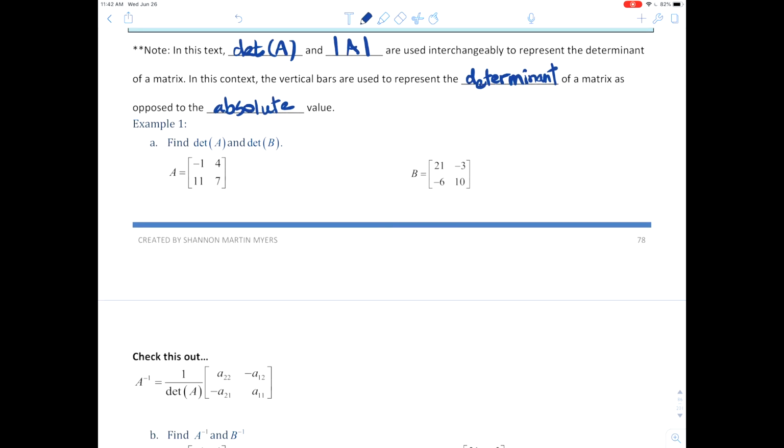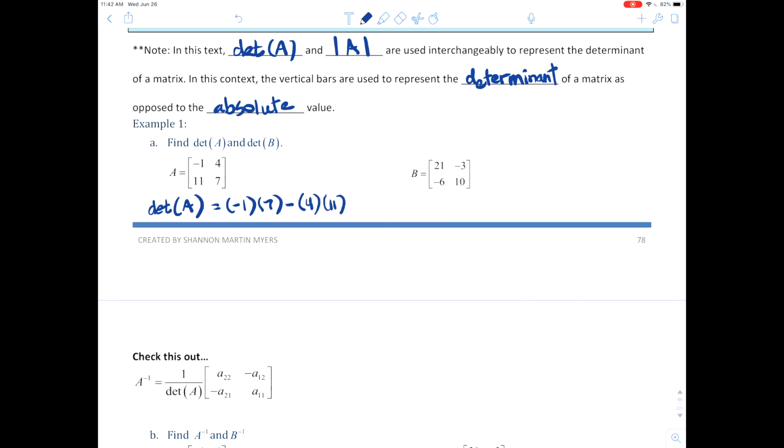Example 1 calls on us to find the determinant of A and the determinant of B. So all we do here is what? Beautiful. Determinant of A is equal to -1 times 7 minus 4 times 11.